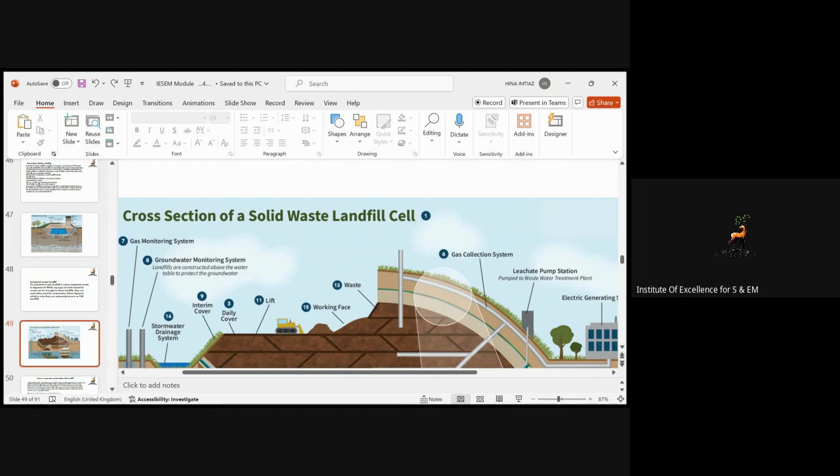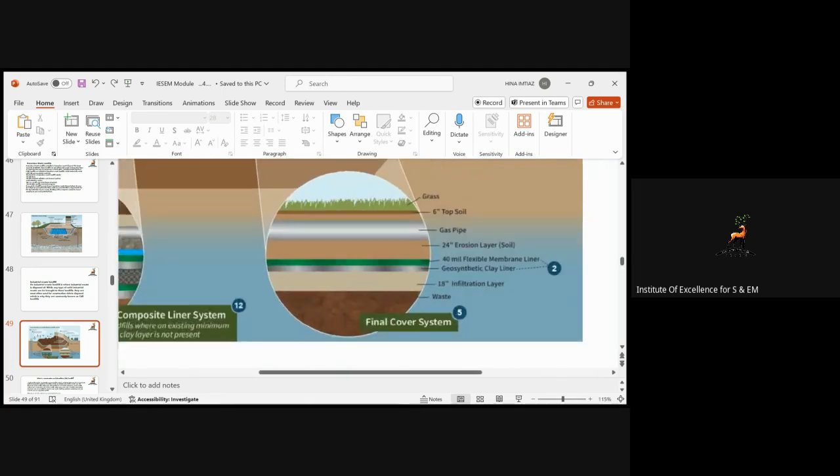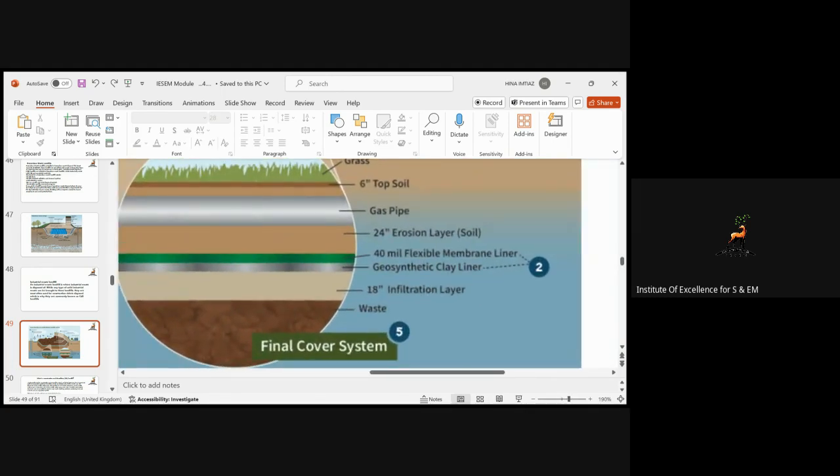But when you are moving towards the second one, the geosynthetic clay liner and the flexible membrane liner. So basically, this is an example of a composite liner. So the combination of a clay component directly overlain by the plastic liner to prevent the movement of the leachate and the liquid.